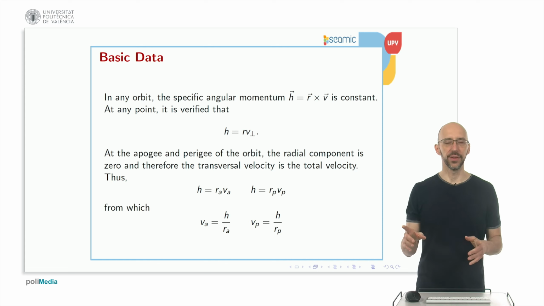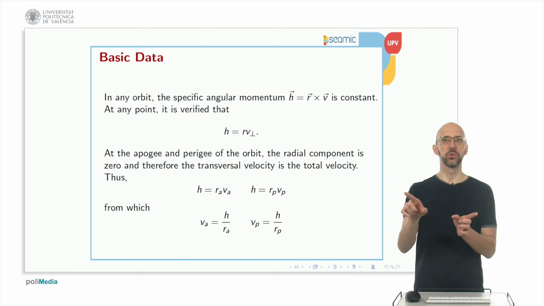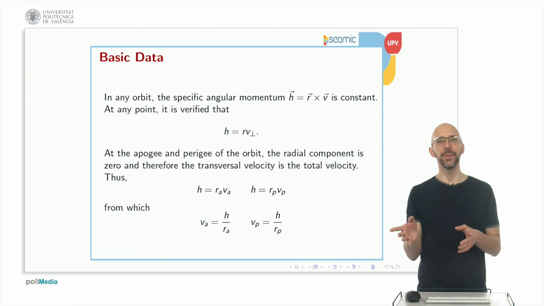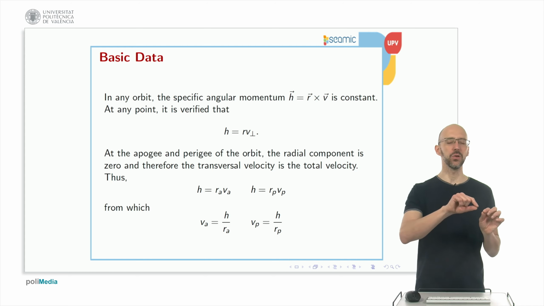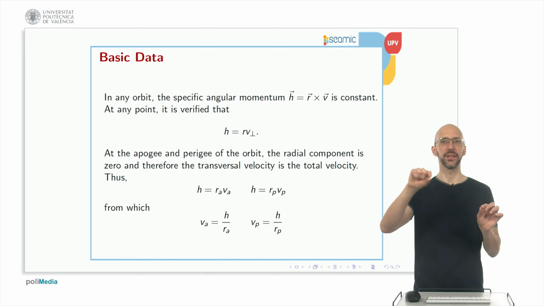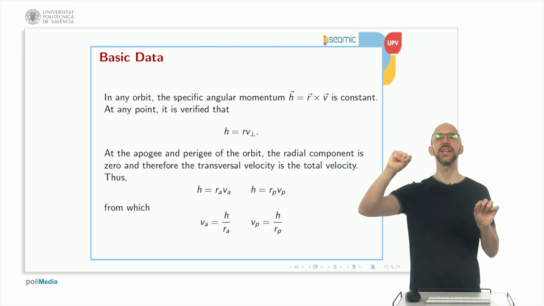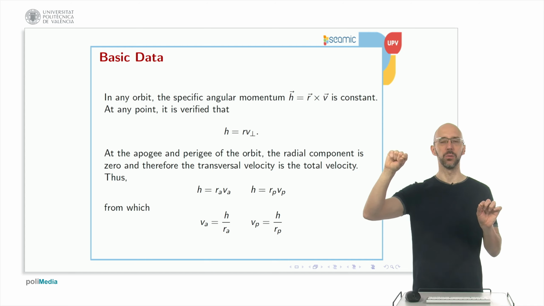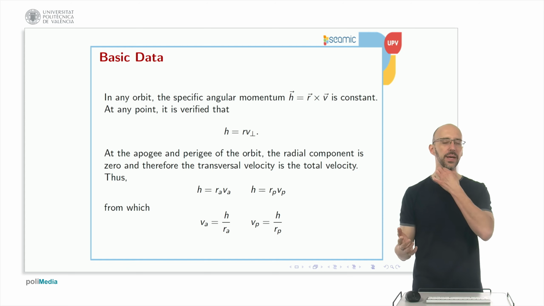So another thing: the velocity vector can be expressed in two components, the radial component and the perpendicular component. The radial component is the continuation of the vector that joins the satellite with the Earth, and perpendicular to this radial component is the perpendicular component.